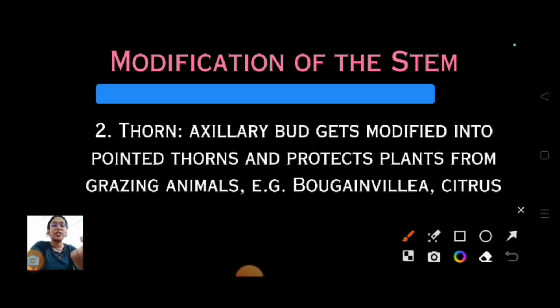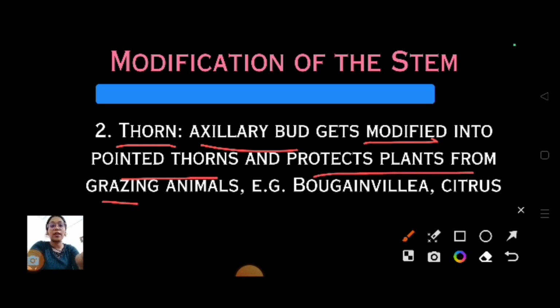The other modification is the thorn. I have already told you. So this thorn and the tendrils basically arise from the axillary bud. We have already discussed, axillary means lateral bud, which gets modified into a pointed thorn-like structure and protects plants from the grazing animals.